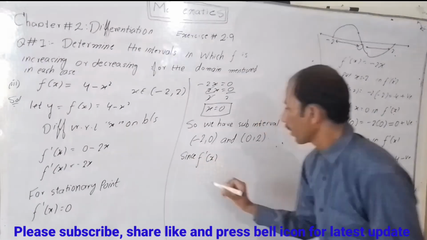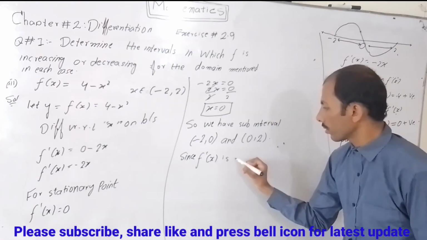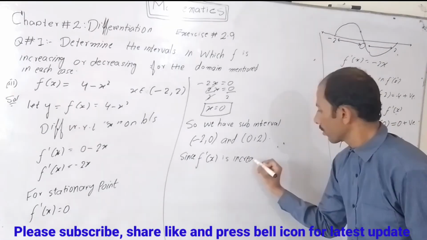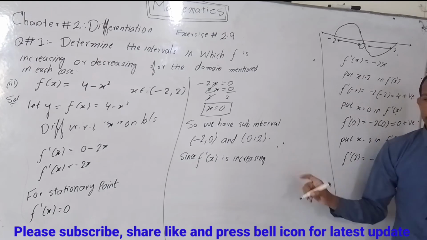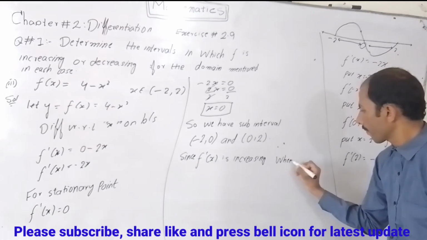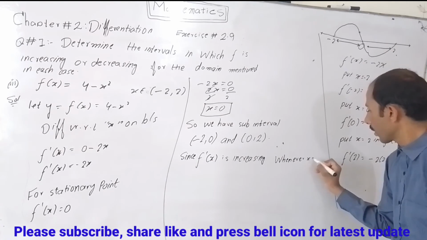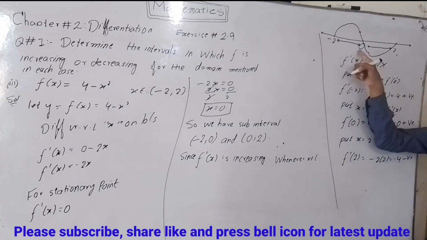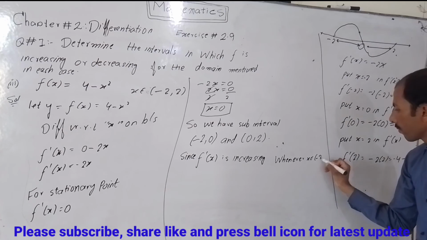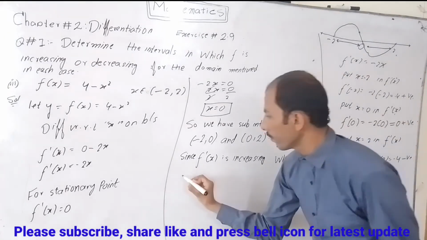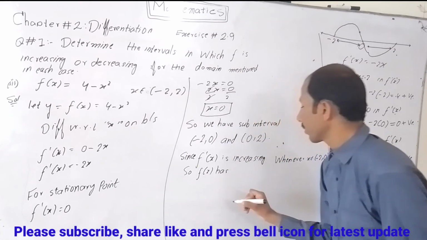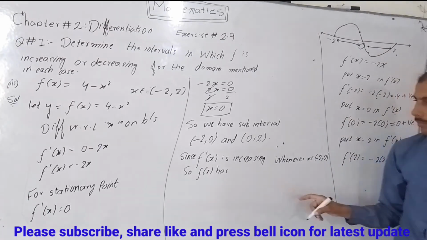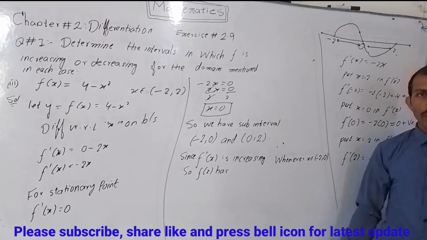Since f prime of x is increasing, whenever x belongs to minus 2 to 0, f of x is increasing on the interval.